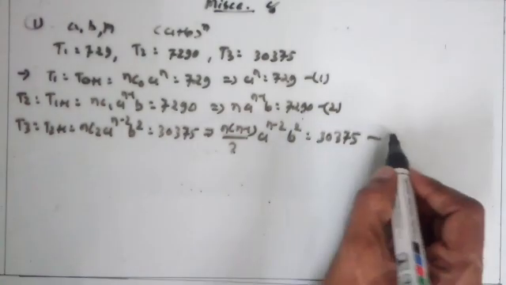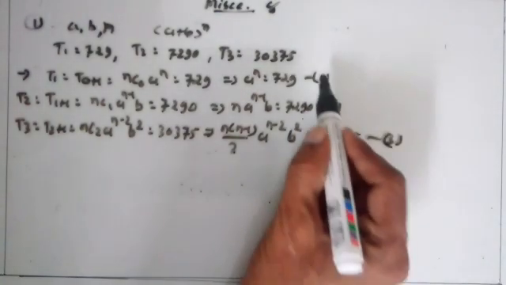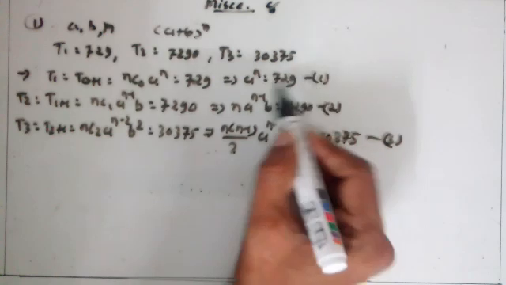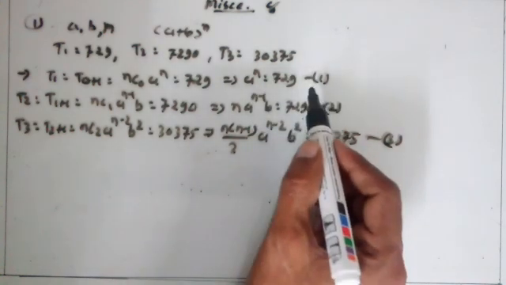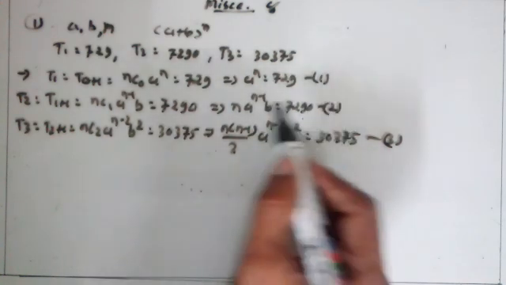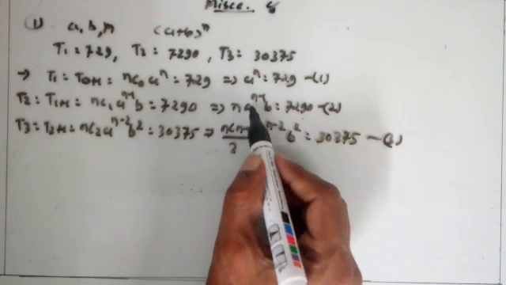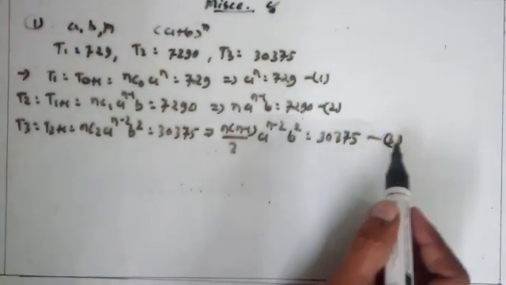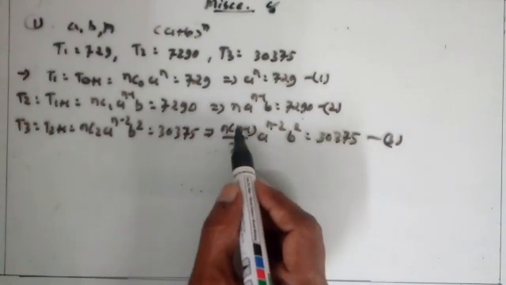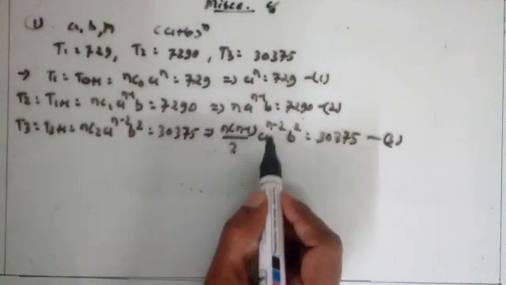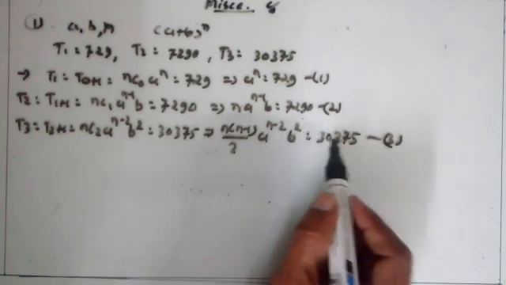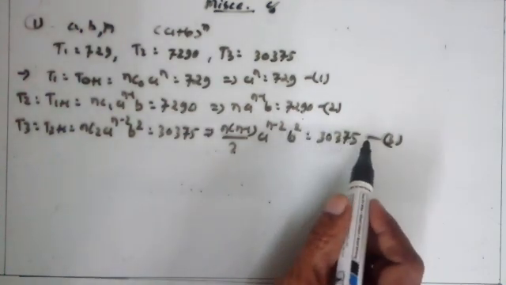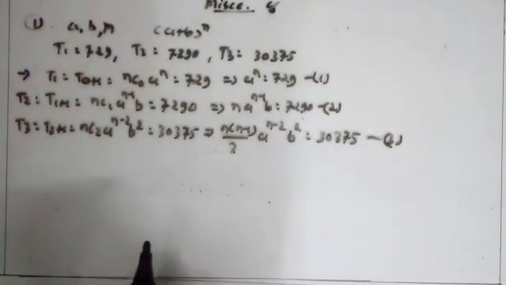Take this as result number 3. Now solving the equations: first, a raised to n is equal to 729. Second, n a raised to n minus 1 b is equal to 7290. And the third, n into n minus 1 upon 2, a raised to n minus 2, b raised to 2 is equal to 30375. Solving these three, we get the values of a, b and n.